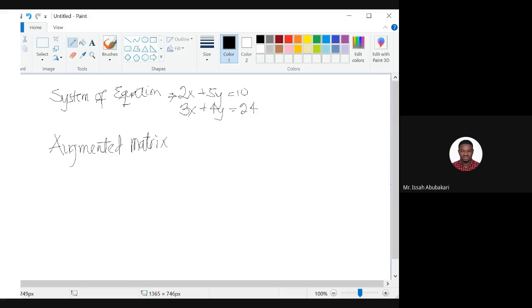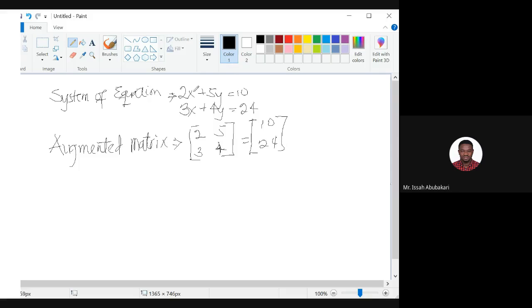We are going to have our 2 by 2 matrix, whereby we write it this way. This will give us 2, 3, 5, and 4, which should be equal to 10 and 24, right? This should be the first way.